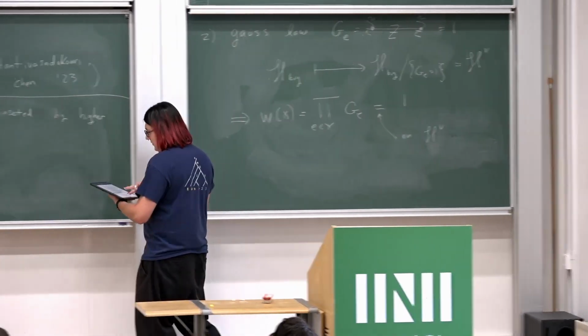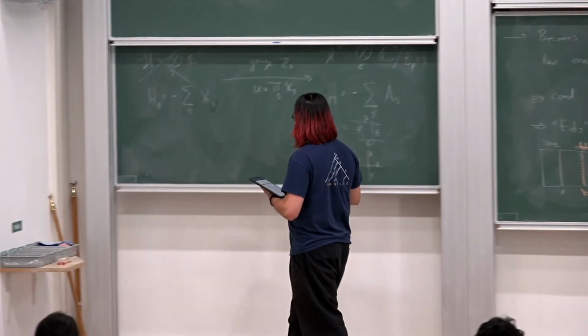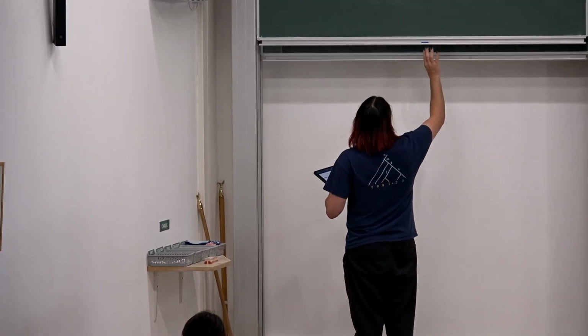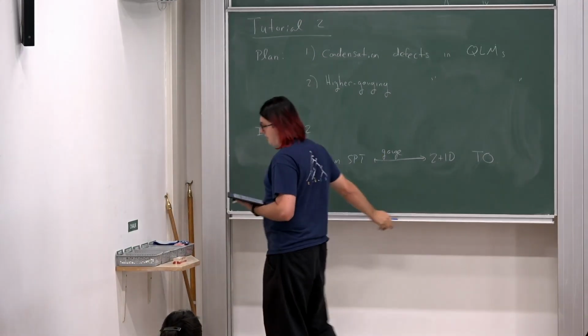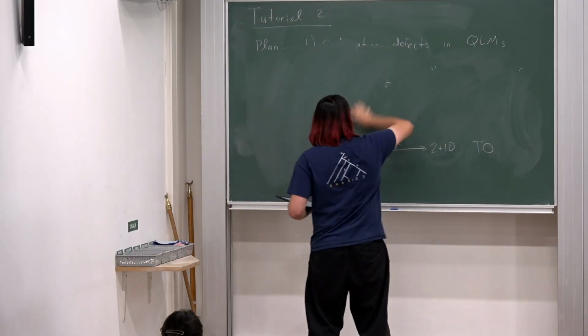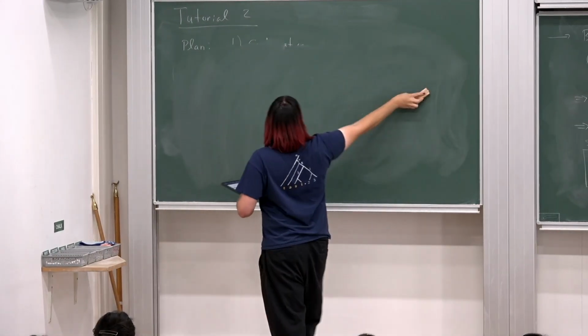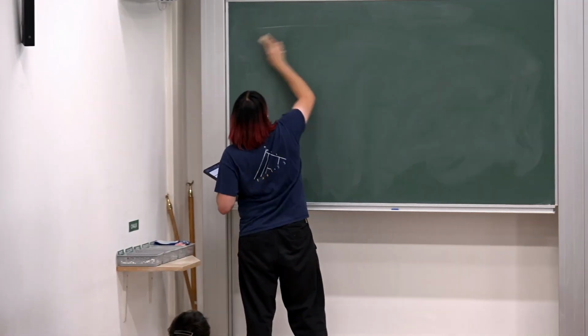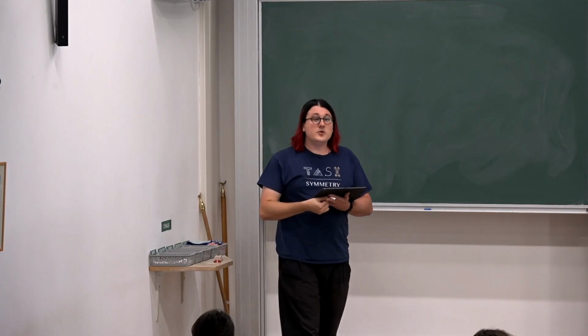Okay, and then step 3. We want to next minimally couple. And again, the point of minimally coupling is, if I had an operator that was symmetric before gauging, it should survive gauging, right? So it should be gauge invariant and should commute with the Gauss law.